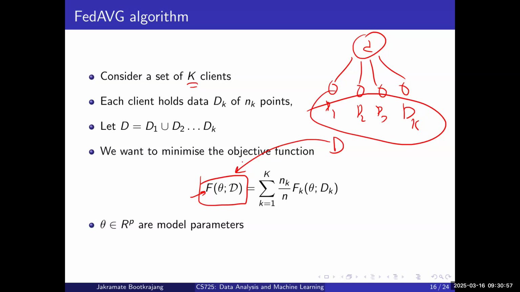That's why we have the summation here, from 1 to K. The summation tells us that the data is in different places, so we want to compute the loss in each place separately. So the loss in each of the clients is this one. We have the loss function for the device K, and that will be for the dataset K.